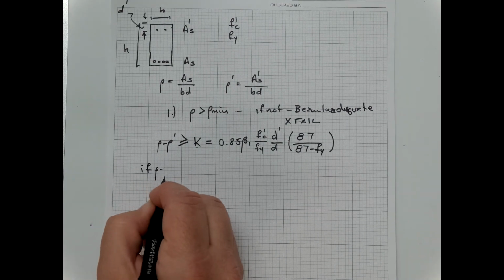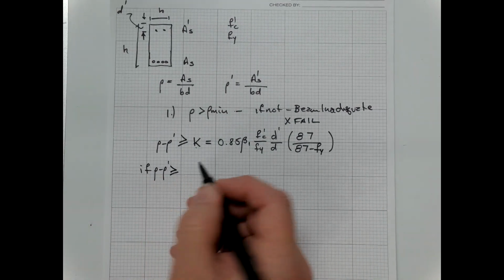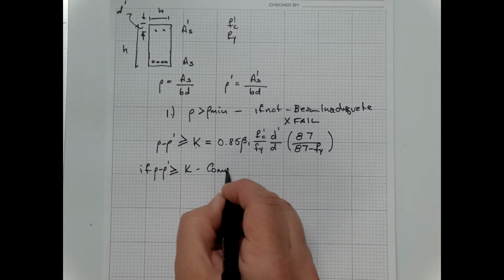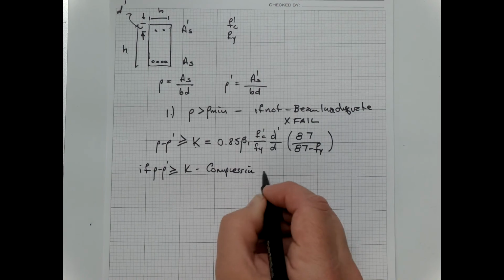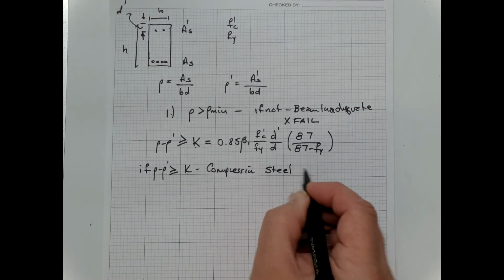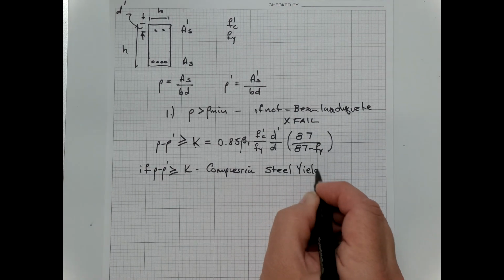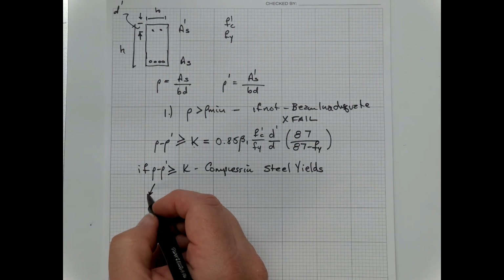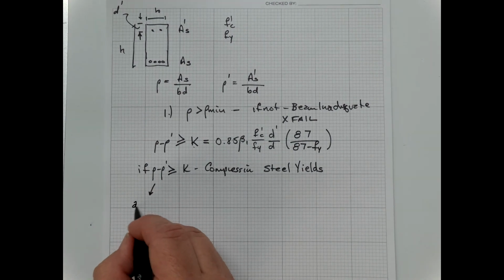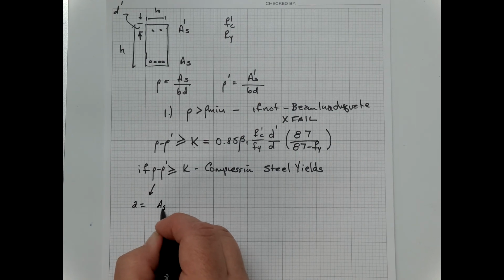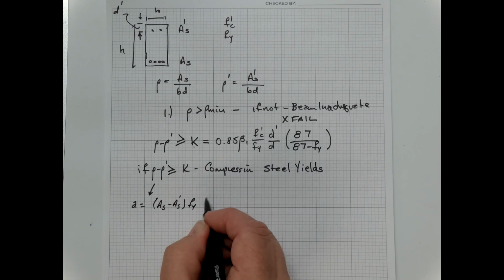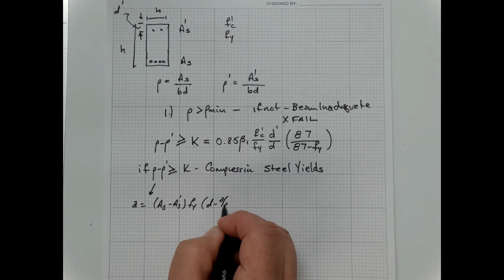If rho minus rho prime is greater than or equal to K, then the compression steel yields. What does that mean? That means that the moment is from A sub S minus A prime sub S, F sub y, D minus A over 2.